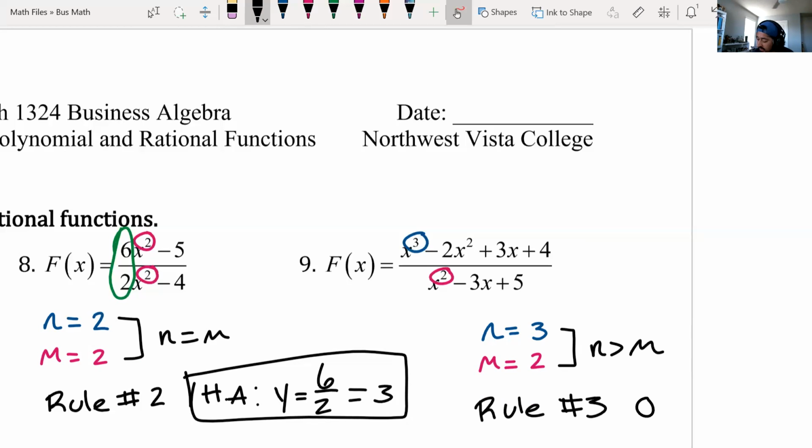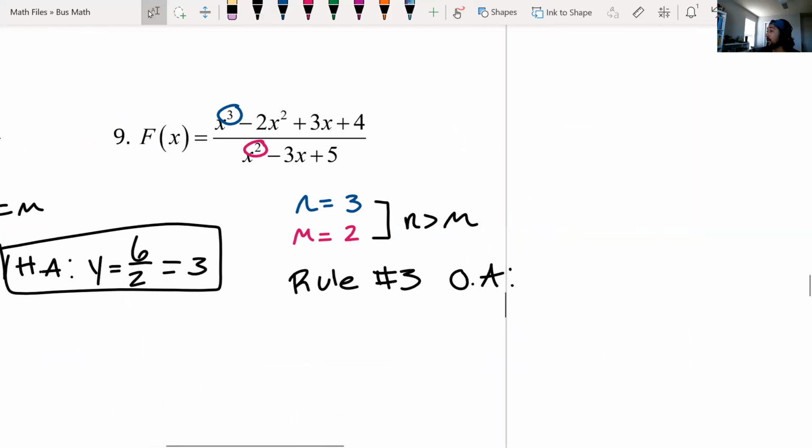You get an oblique asymptote, which the only way you can find is by using long division. I think for my math lab, it only asks you to find horizontal asymptotes. So we say no horizontal asymptote.